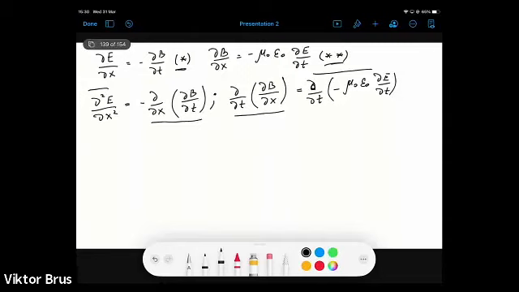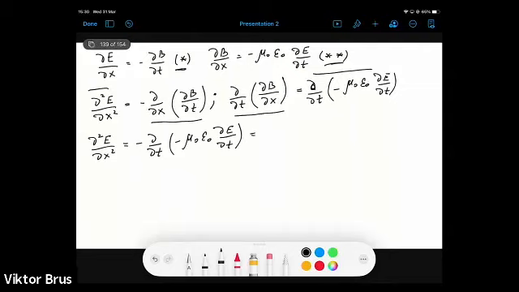So we can write that d squared E over dx squared is equal to minus d over dt of minus mu naught epsilon naught dE over dt.